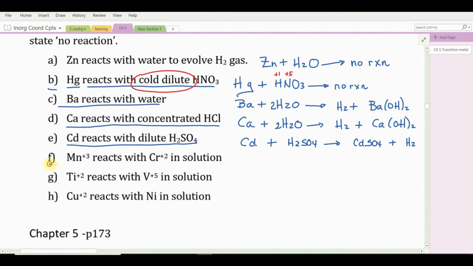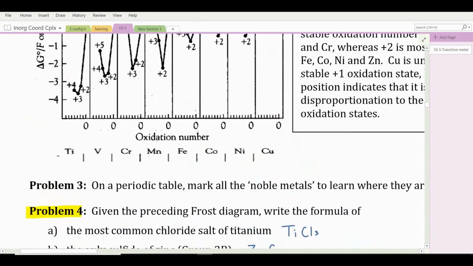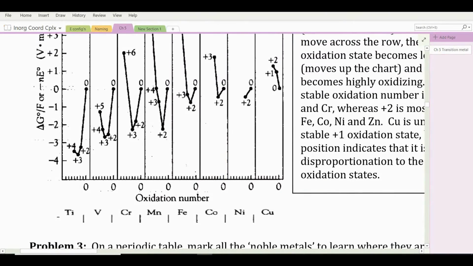Okay, F. Manganese 3 reacts with chromium 2 in solution. Manganese 3 and chromium 2. Will it react, and if so, what will it form? Let's take a look at the Frost diagrams for these. Manganese 3 is active as an oxidizer.